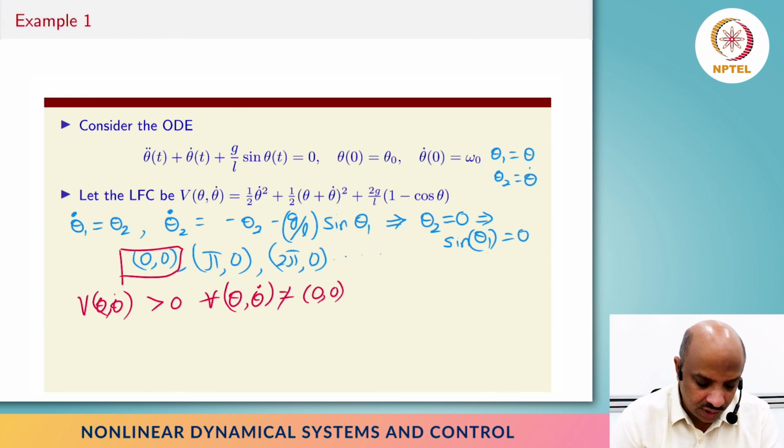So for theta non-zero, you immediately get V positive. Similarly, for theta dot non-zero, the first part is going to be positive, the second part is going to be non-negative, and the last part is going to be 0 if theta is equal to 0. So no matter what, for either one of them non-zero, we get positivity.